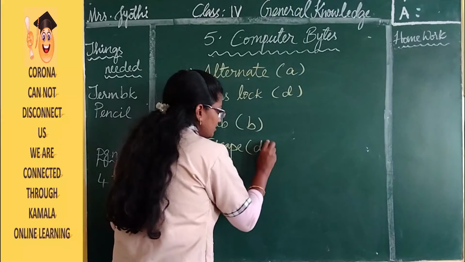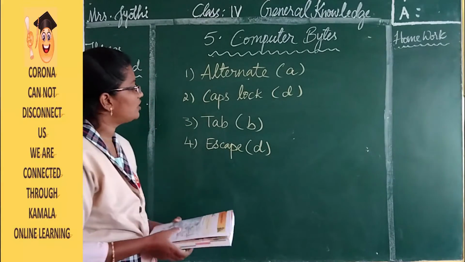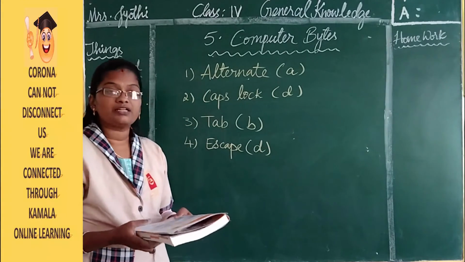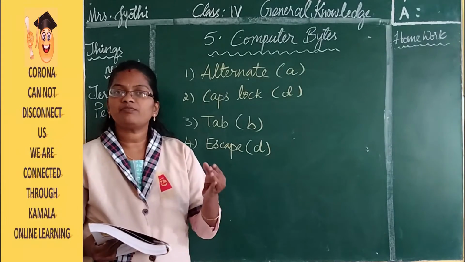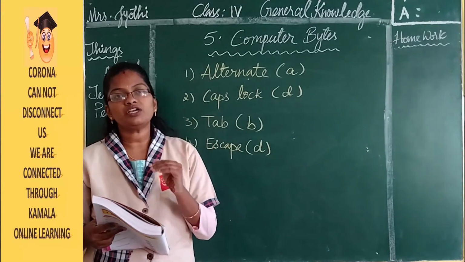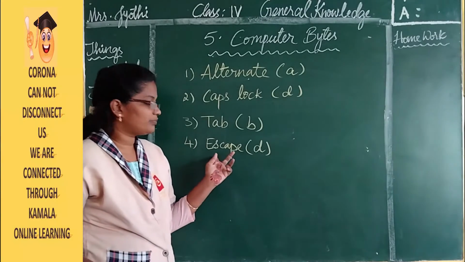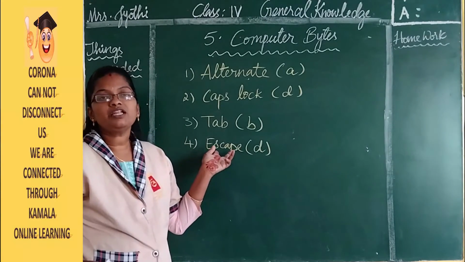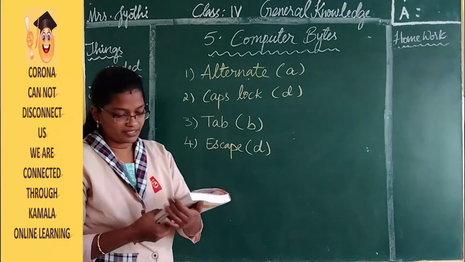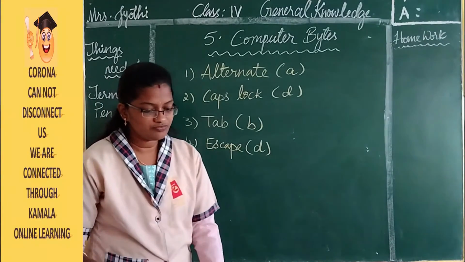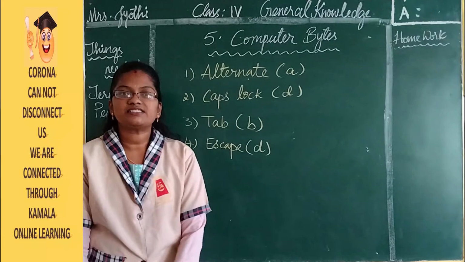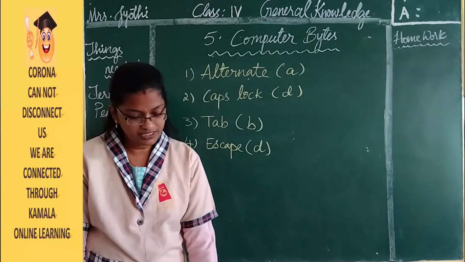That is option D. It is called the escape button. If you want to exit from that particular page, whatever you are working on, you can immediately press this escape button and go directly back. So the full form of ESC is escape.